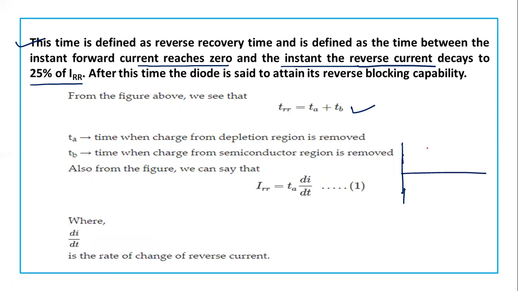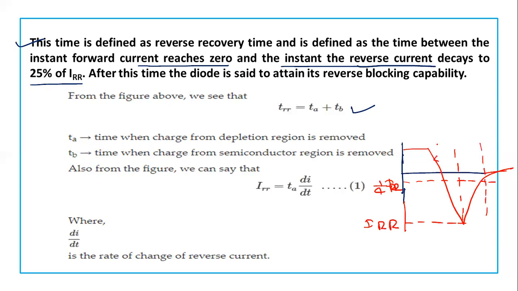We have the figure like this, and this is how roughly it is increasing, right? May not be that beautiful, the figure. So this is IRR. This is 1/4 of IRR. This is TA and this much is TB.